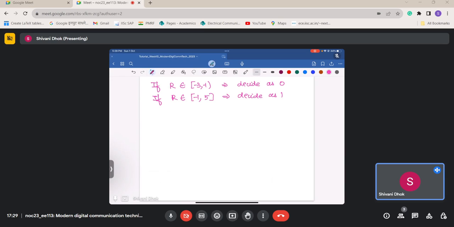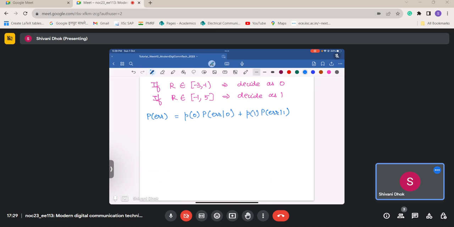So now what we need to find is probability of error, which is equal to probability that 0 was transmitted into probability of error given 0 being transmitted, plus probability of 1 into probability of error given 1 is transmitted.